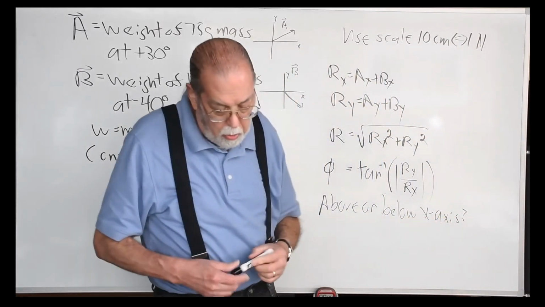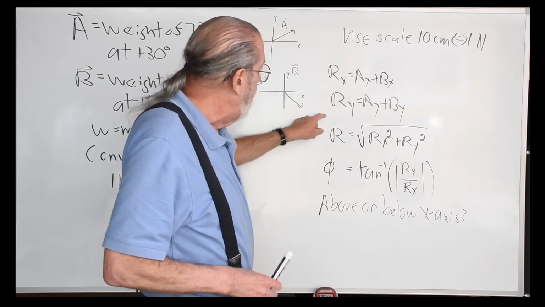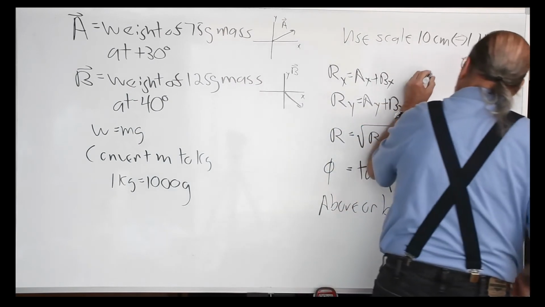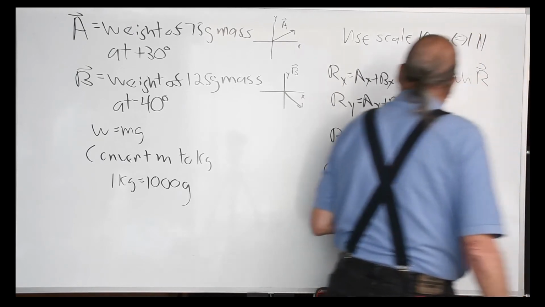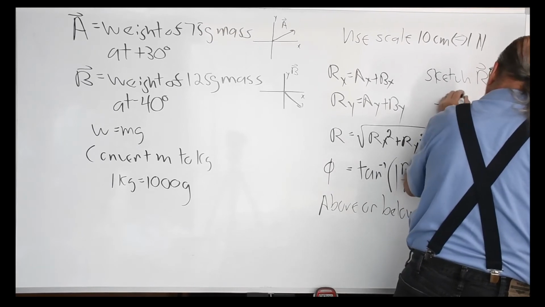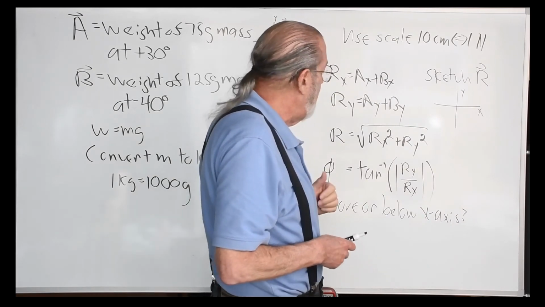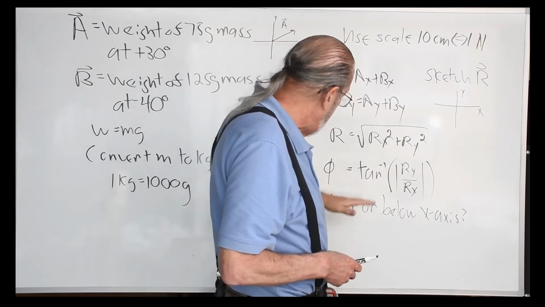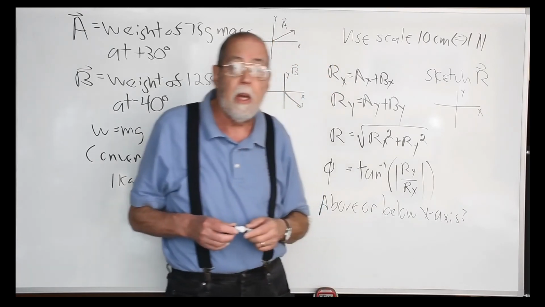And also, I believe earlier, I asked you to sketch R. I want a sketch that properly takes into account the possible signs of these components, and then I want you to use the sketch and the Pythagorean theorem and trigonometry to find the angle and figure out whether it's above or below the x-axis.